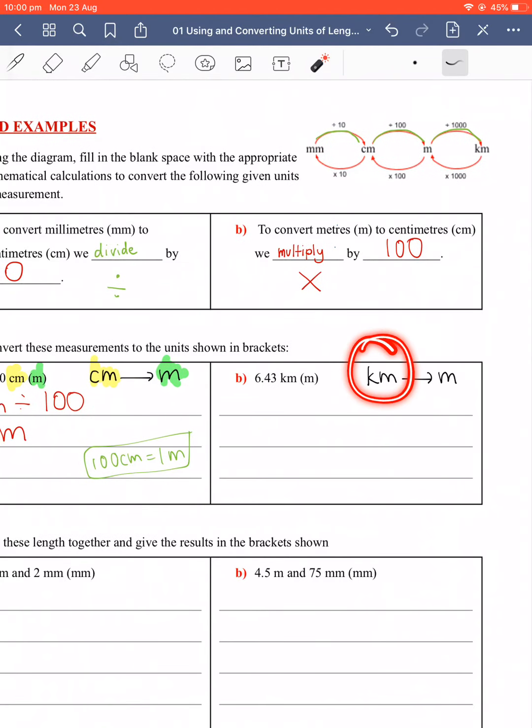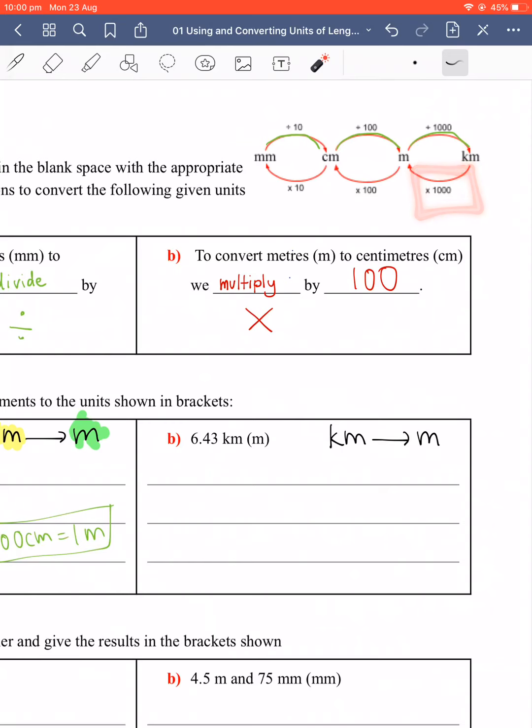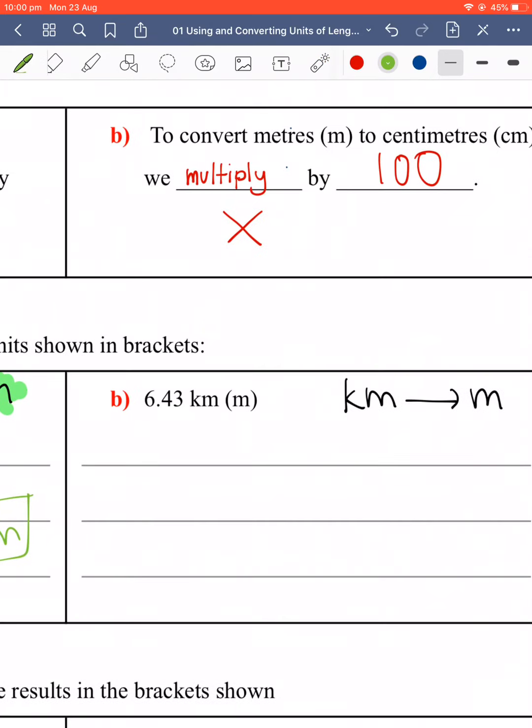Next one, we are going from kilometers to meters. So I'm starting big and I'm going little. If I'm starting big and going little, I am going to multiply, and I'm going to multiply by 1000. So let's do that with our numbers. I'm going to start off with my 6.43. Remember, you are starting off with your kilometers, and we want to convert it into meters.